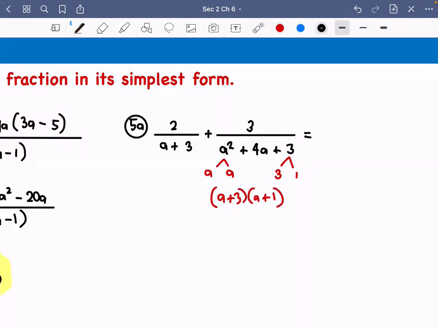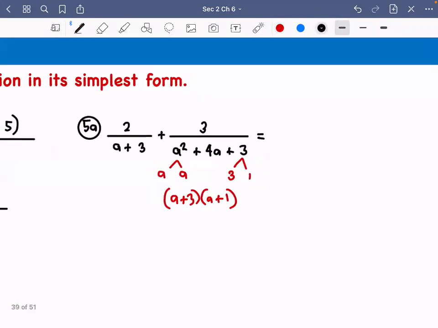Okay, so let's write them now. Let me copy the first one. So 2 over a plus 3, and then plus 3 over, let's write it in factored form, a plus 3 times a plus 1.